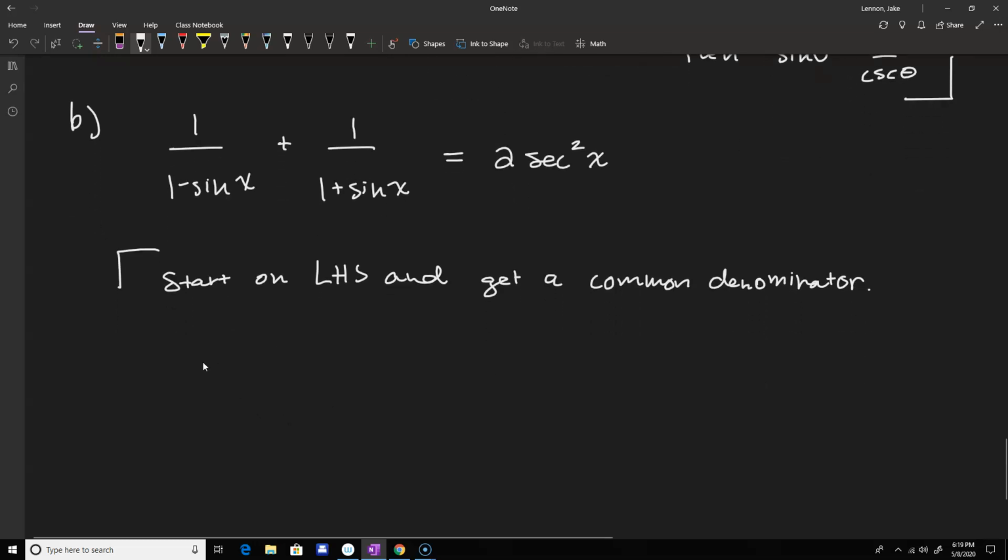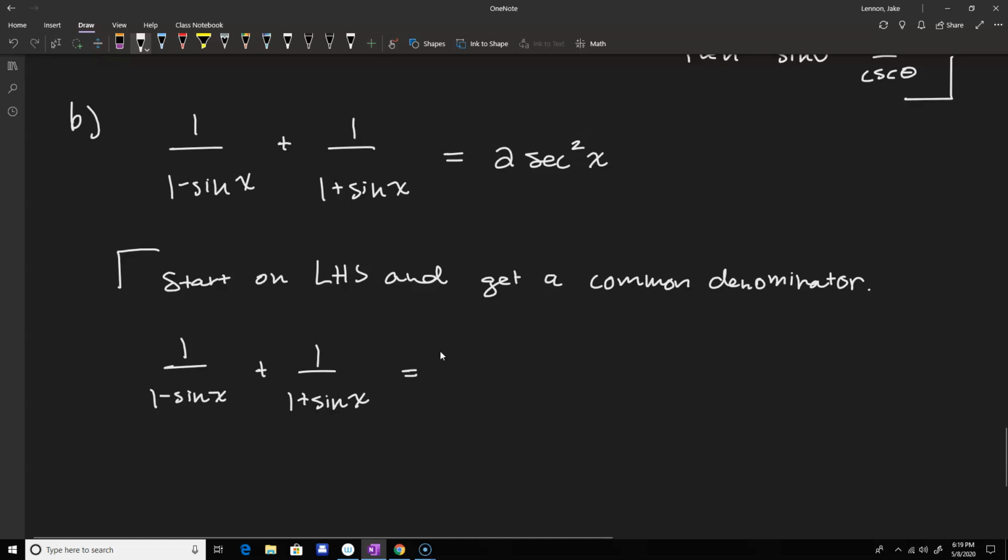Well, basically we look at each of the denominators, and we have 1 over 1 minus sine of x plus 1 over 1 plus the sine of x. So each denominator is unique. There's nothing in common. So basically we just want to multiply the first term by 1 plus sine of x over 1 plus sine of x, and the second term by 1 minus sine of x over 1 minus sine of x.